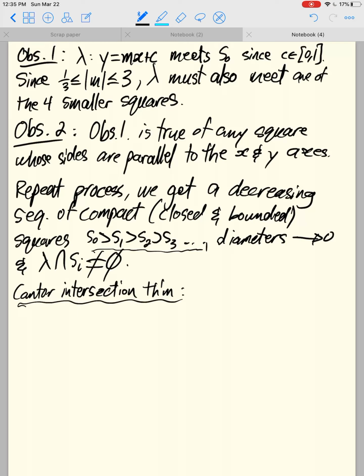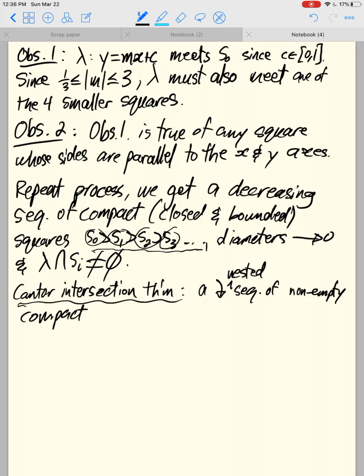And it states that a decreasing nested sequence of non-empty compact sets has a non-empty intersection.